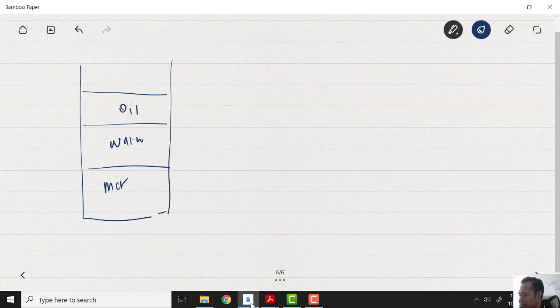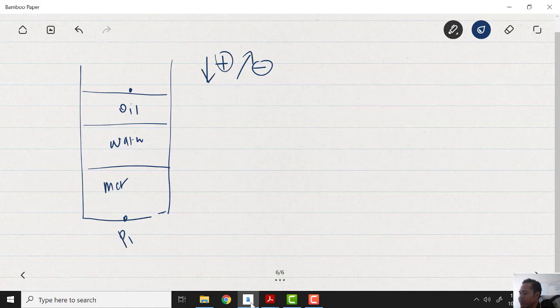If I want to find the pressure at point 1, how do I do it? Using the concept of manometer, you need to remember that if you are going down, it's plus. If the arrow is going up, it's minus.